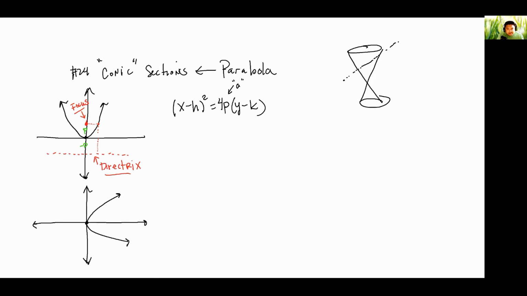This also has a focus, and it also has a directrix. And alternatively, this distance is also P, and this distance is also P. I know I'm really off scale here, but just imagine those are the same distance.